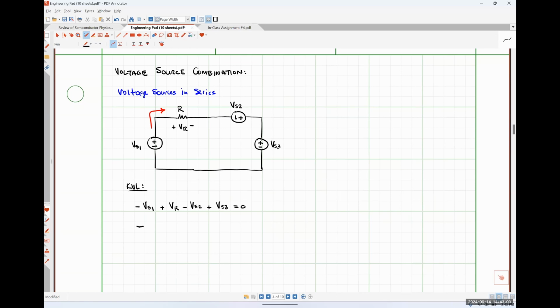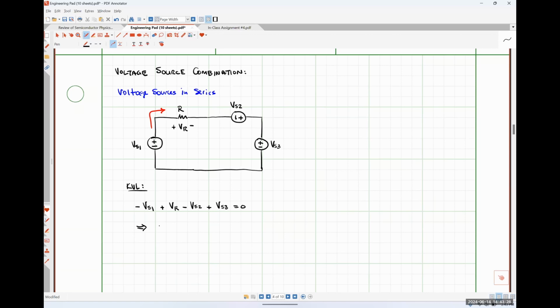We could rearrange this, putting the voltage drop across the resistor on one side of the equation and all of our source voltages on the other side. Think about it in the context of the equivalent voltage that the resistor sees, presented by this combination of different voltage sources.